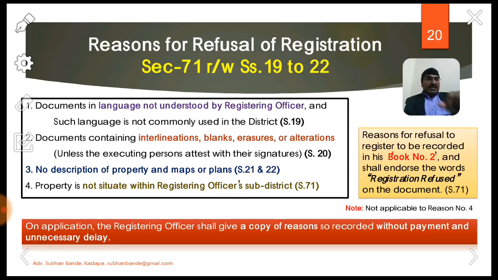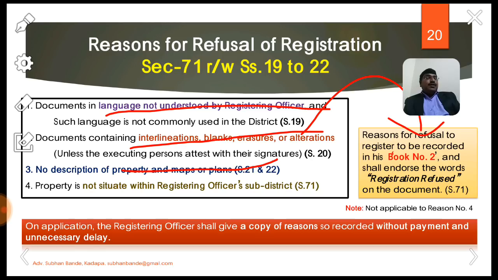We need to remember one thing, that is, if the registering officer is refusing the registration because of the first reason, second reason, or third reason, he needs to record the reasons for refusal in book number 2.